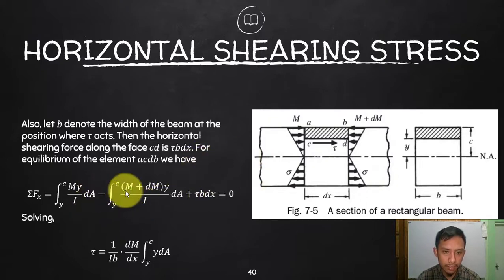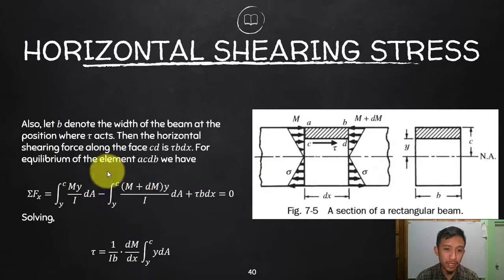Then you can break this down: minus the integral of MyI dA multiplied by y, and then separate the negative dM, the integral of dM y over I dA. Then one negative cancels another, so you are left with a negative dM y over I dA.